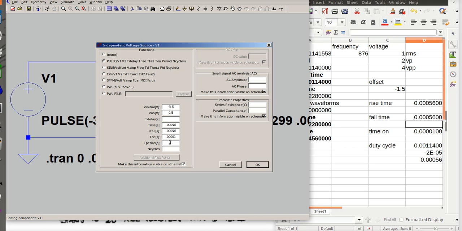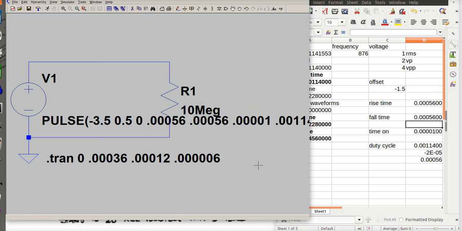The total of my period is 0.00114. And my number of cycles, I'm going to do 2 before I start saving. I'm going to look at 2. I always add 1. So I've got 5. So then I'm going to click OK.